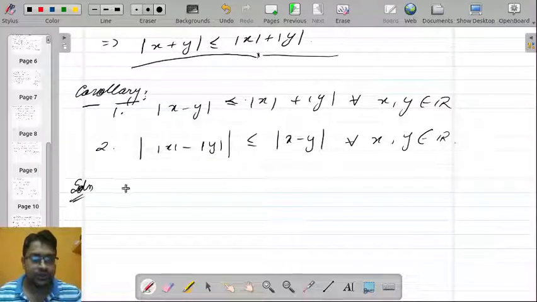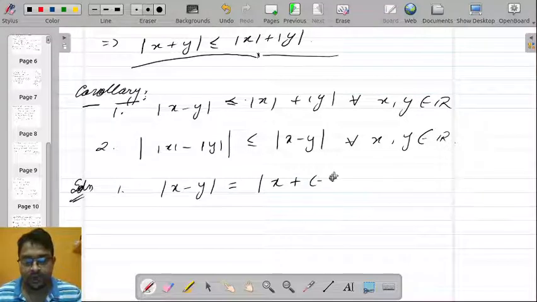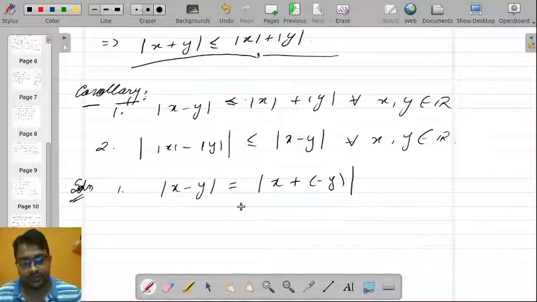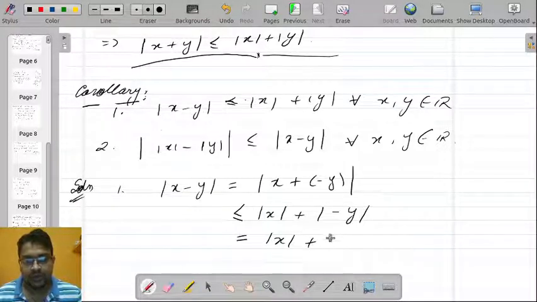So the solution is, for the first one it's very simple, mod of x minus y is equal to mod of x plus (minus y). Okay, we can write it as this, x plus minus y, and then apply the triangle inequality, this is less than or equal to mod x plus mod of minus y. And in the beginning itself we have seen the definition, from the definition it follows that mod of minus y is the same as mod of y.